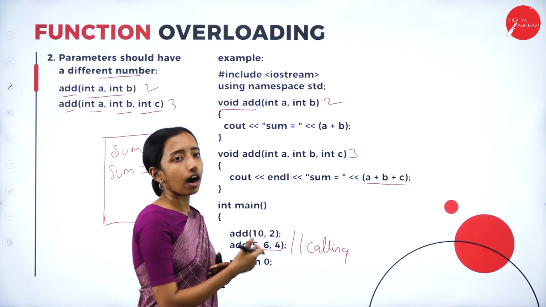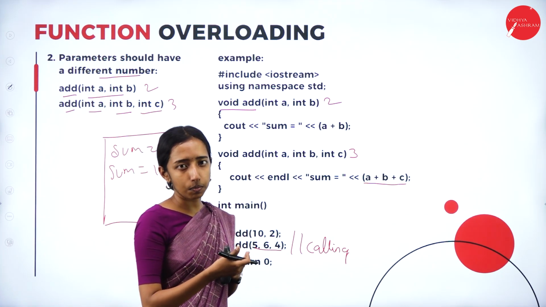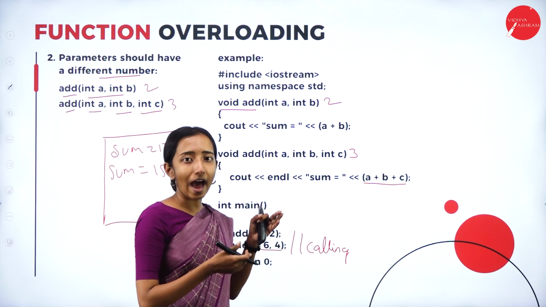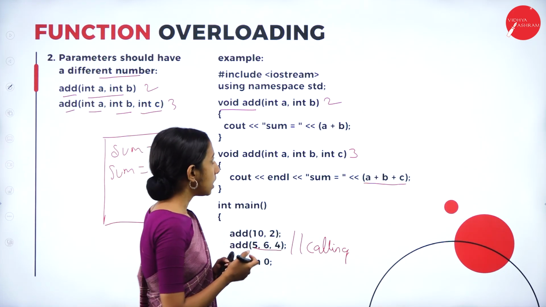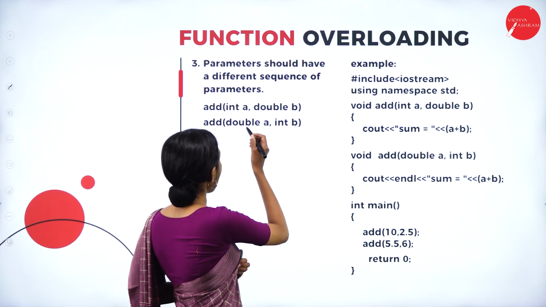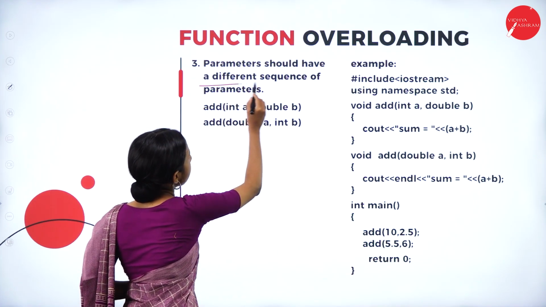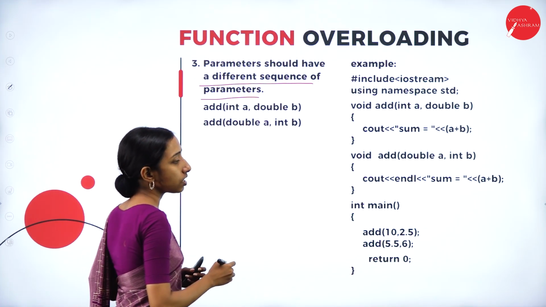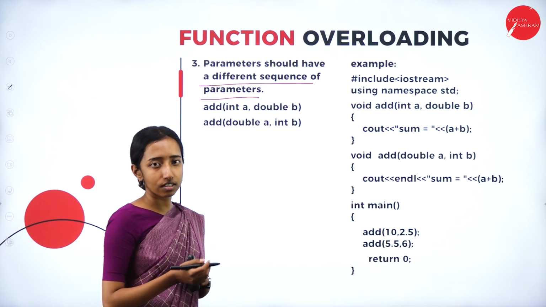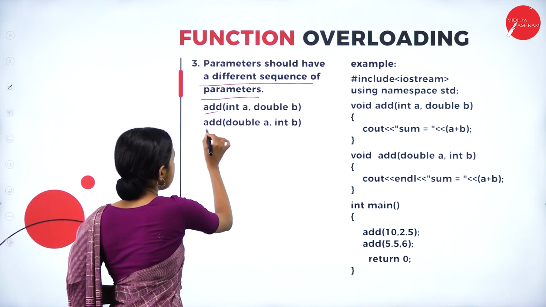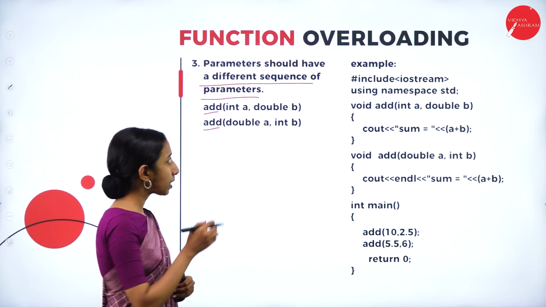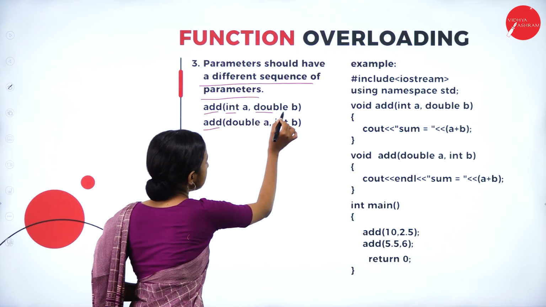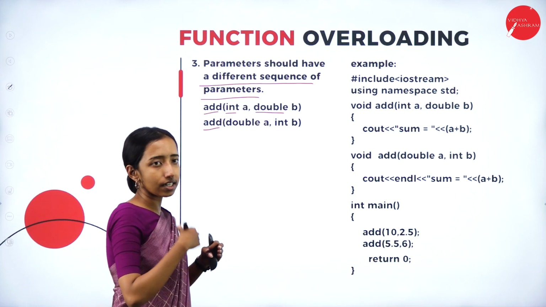In this way function overloading takes place, with parameters having different numbers. Next, the parameters should have a different sequence. The function names are the same, that is add as I have taken, but the sequence of the parameter types is changed.